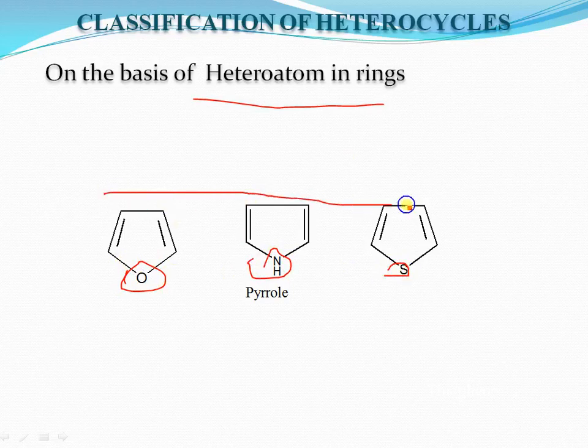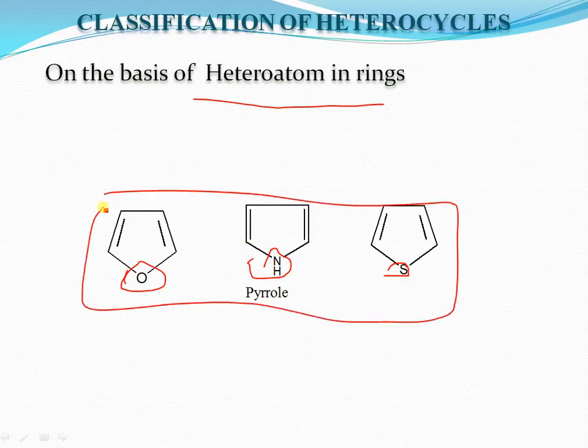In this case these three are 5-member ring systems, but on the basis of heteroatom it may be 3, it may be 4, it may be 5, isn't it? But which heteroatom is present is the basis of this. For example, this one, which heteroatom? Oxygen is the heteroatom. It is furan first. It is pyrrole. This one is thiophene, isn't it?